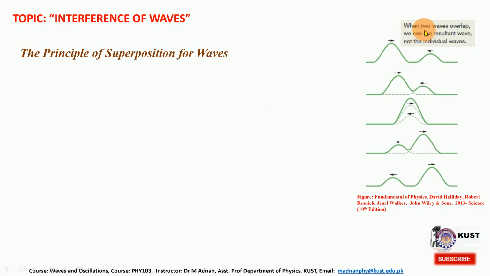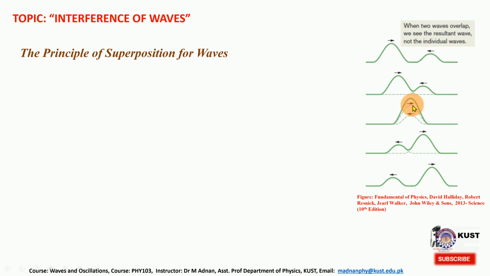So, when two waves overlap, we see the resultant wave, not the individual waves. For example, at this portion, this wave and this wave are approaching this point. Now, this is the point at which the waves combine. So, at this point we will see the resultant wave.